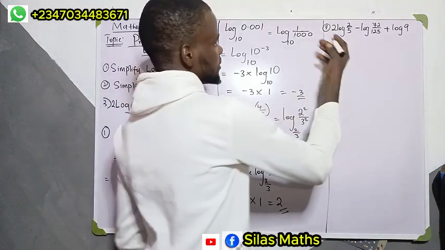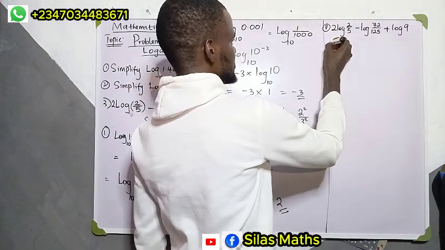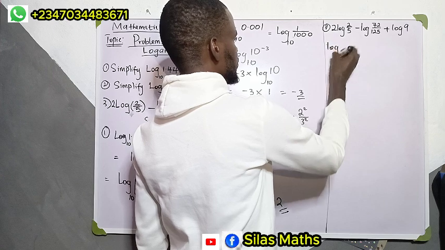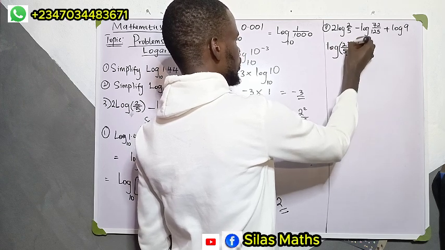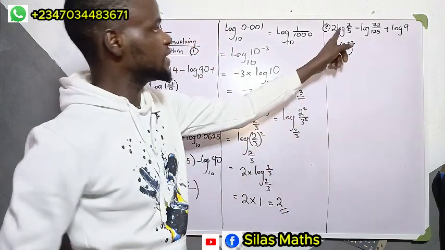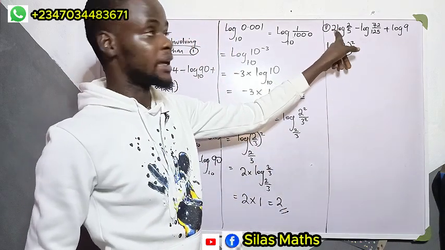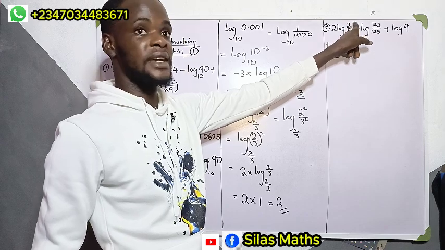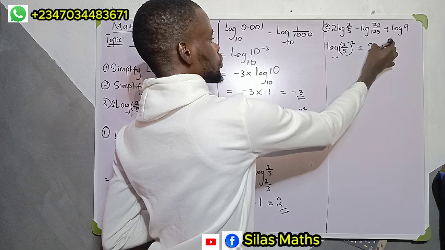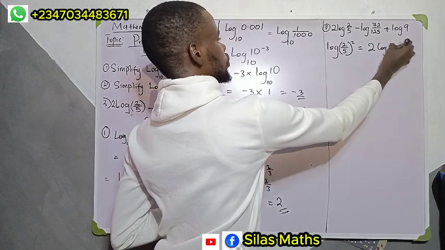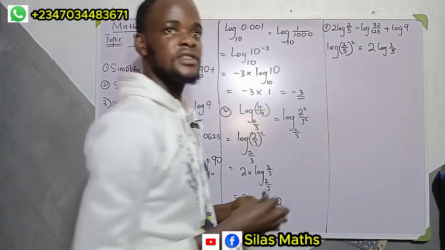So in solving further, we can say that this is the same thing as log of 2 over 5 all to the power of 2. Recall that this number here can actually go back to this, right? Yes, because this is the same thing as 2 log 2 over 5.